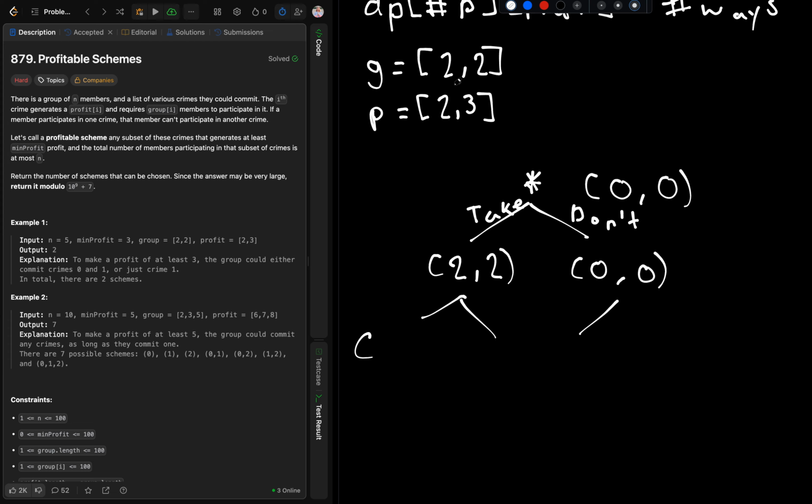we want to take the second, so this would become 4, and our profit is 3, so that's 5. And if we don't take, it would be 2, 2. This side, if we take it, it would be 2, 3.